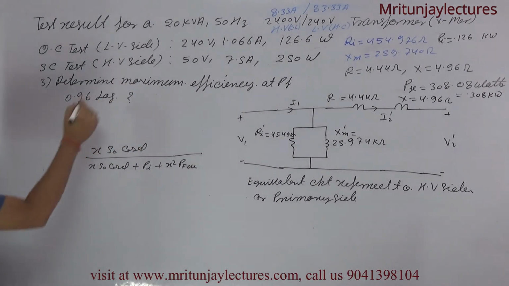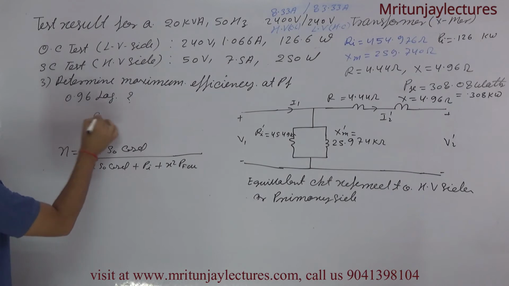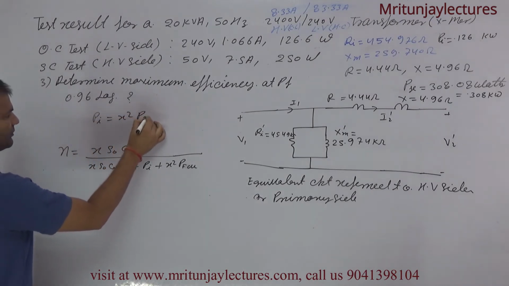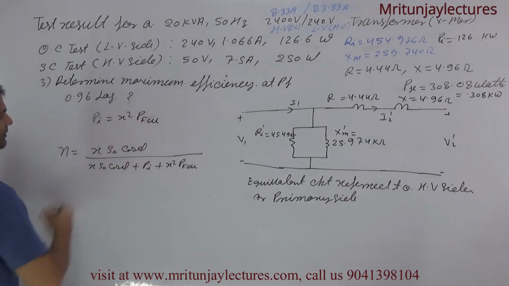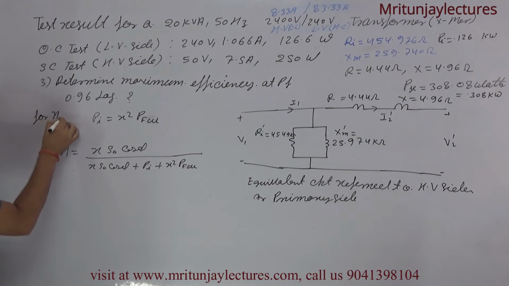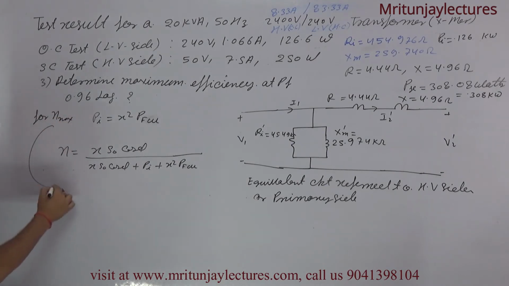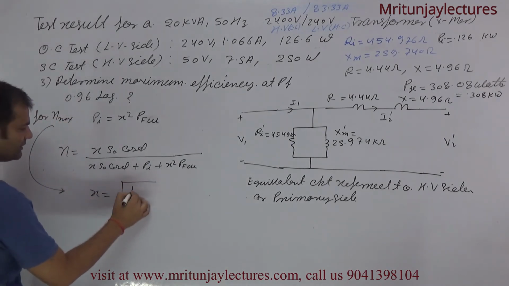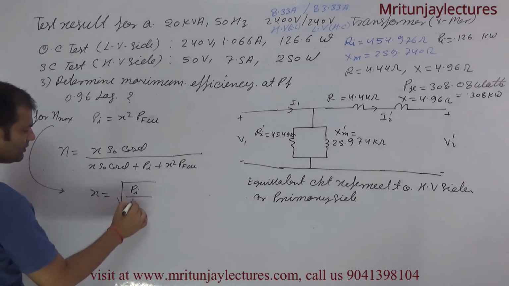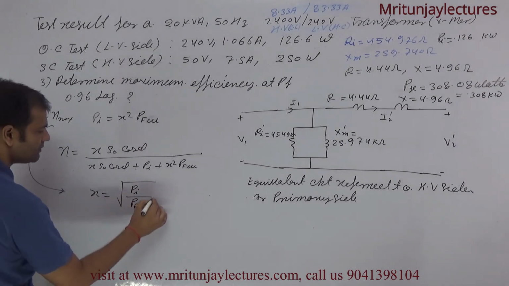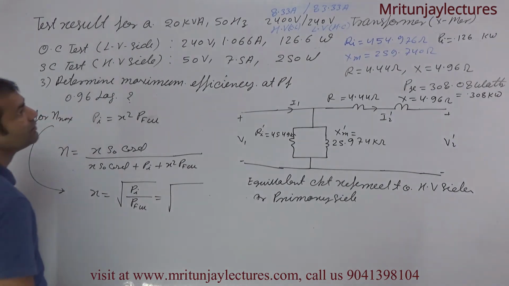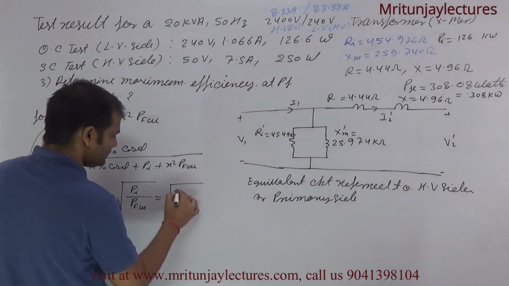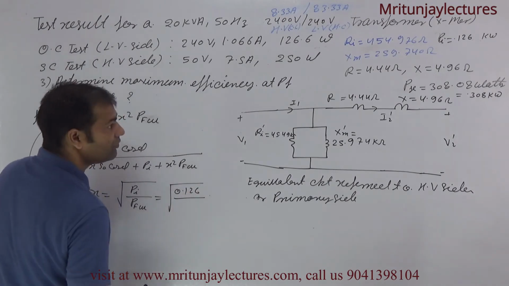I know that the condition for maximum efficiency is that x is equal to the square root of Pi divided by full load copper loss.